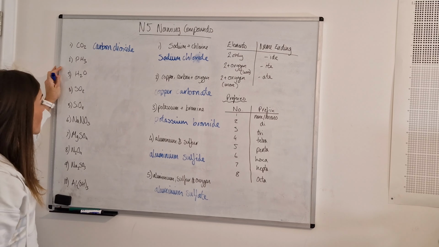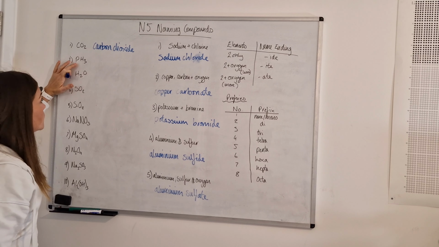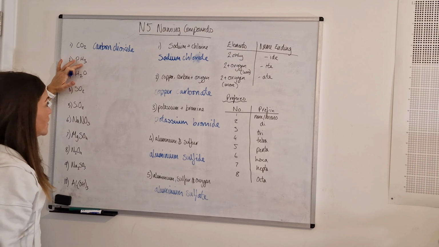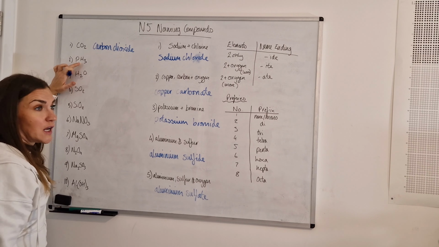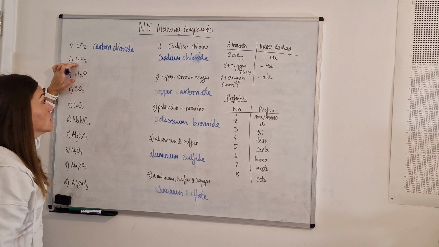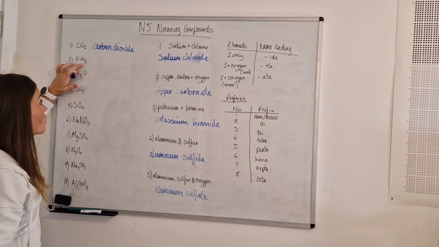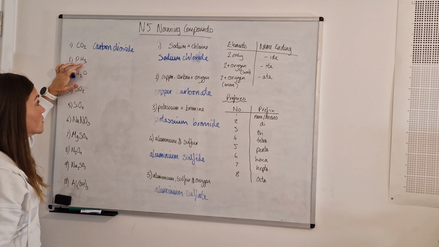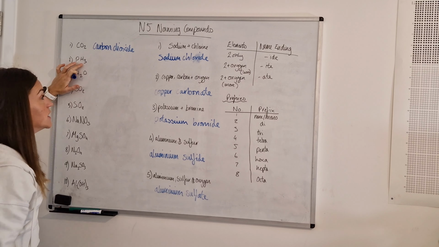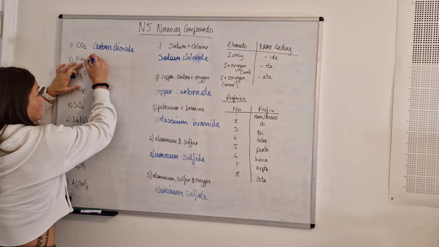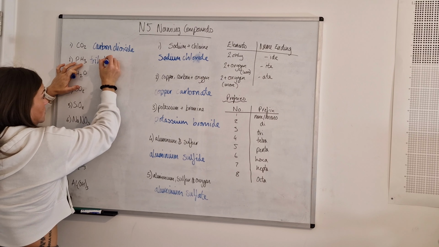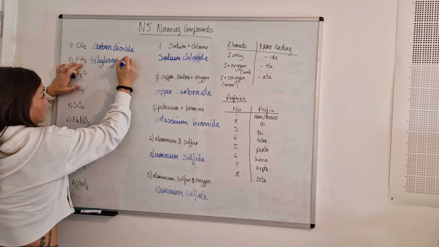And the reason it's dioxide is because there's two oxygens in one molecule and in one carbon. Okay. If we move to this one here, we've got phosphorus and hydrogen, which means this could be called hydrogen phosphide. But because we know there's three hydrogens, we would call it trihydrogen phosphide.